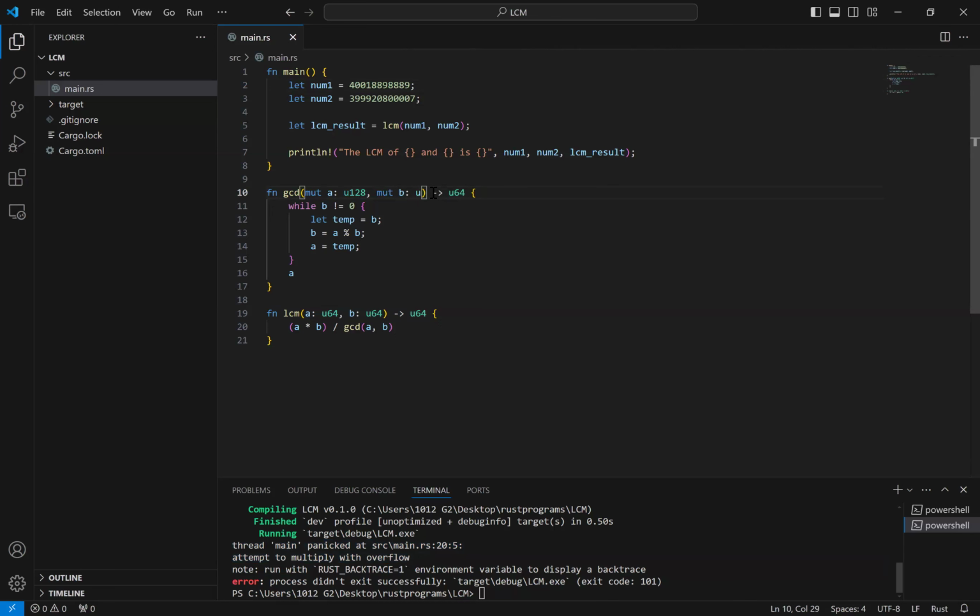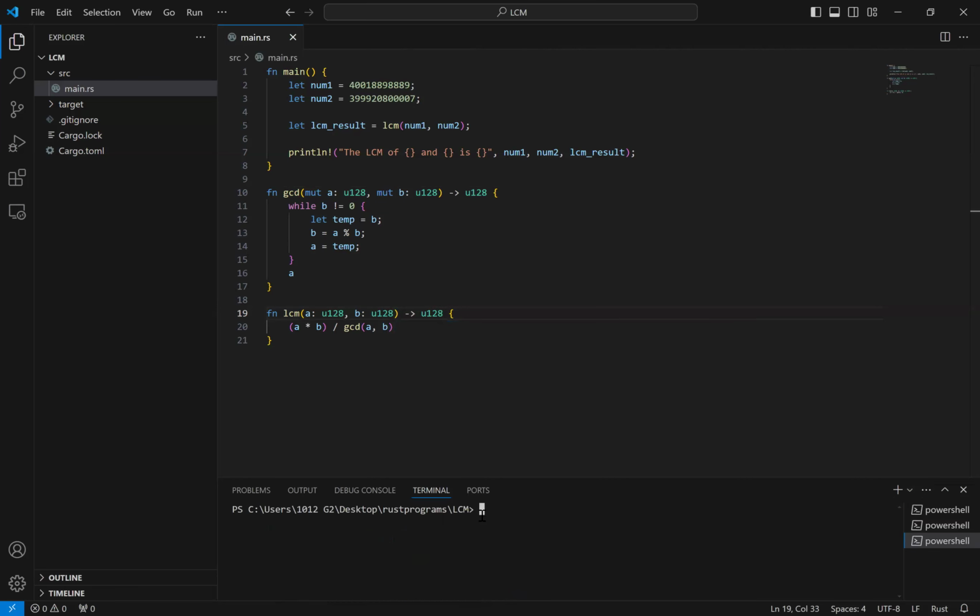Let's change this part also, just trying to see whether it gives us something, because there was an overflow when we tried to use U64.